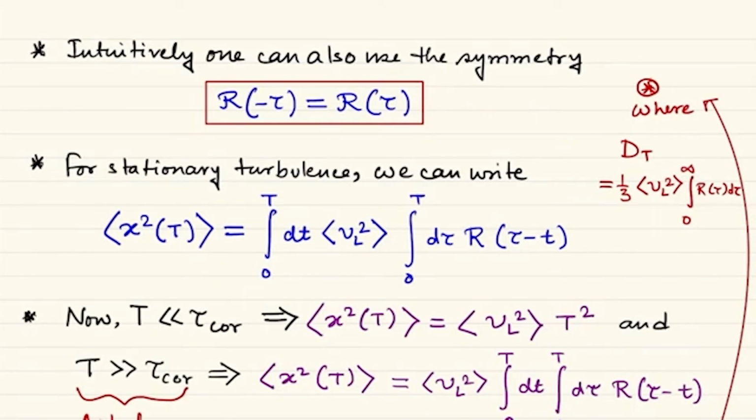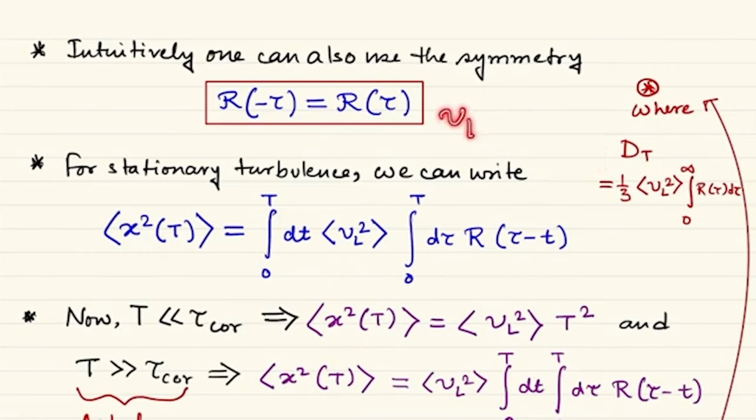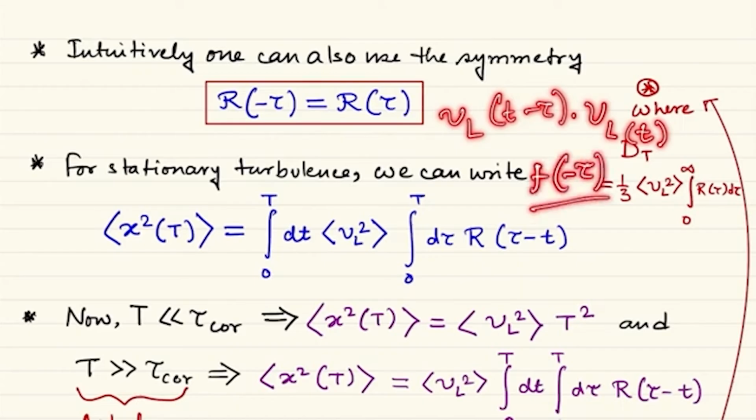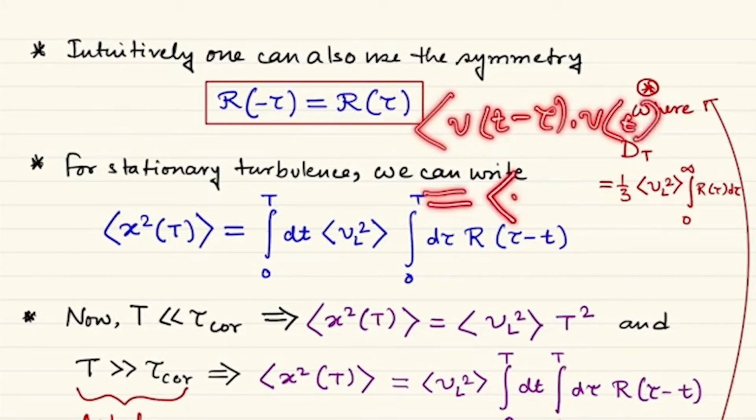If VL(t+tau) times VL(t) is a function of tau only, then VL(t-tau) times VL(t) will be a function of minus tau, and there is no reason for that to be different from this.